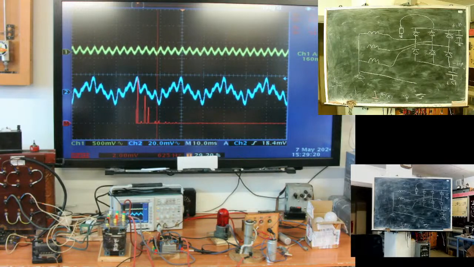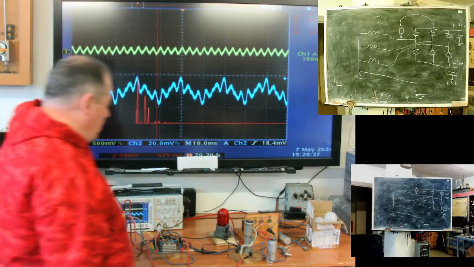So delta connection means less harmonic flow in the network, but it's a bit more expensive.